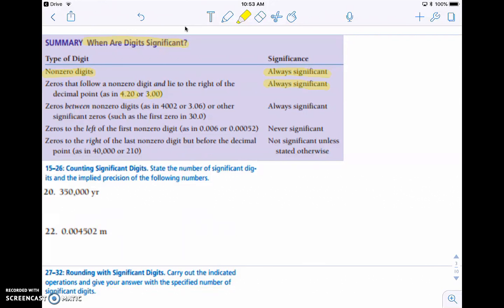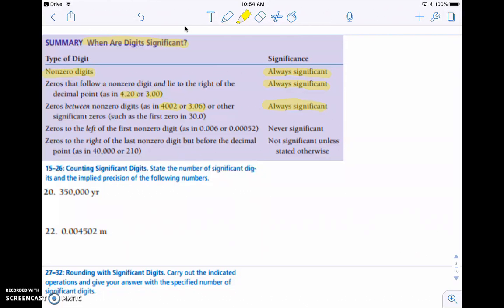Like 4.20, you could write 4.2, but if you write 4.20, there is a reason behind writing that. And then zeros between non-zero digits, such as 4002 or 3.06, are always significant, because they're a part of those numbers.